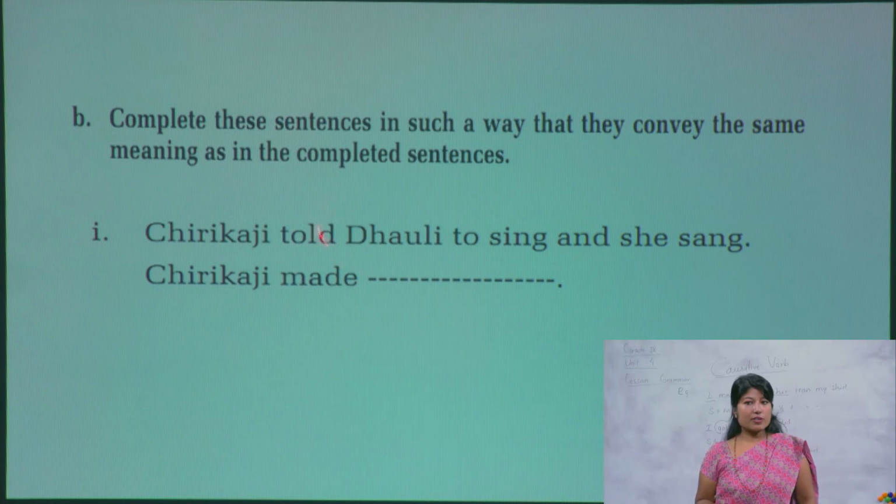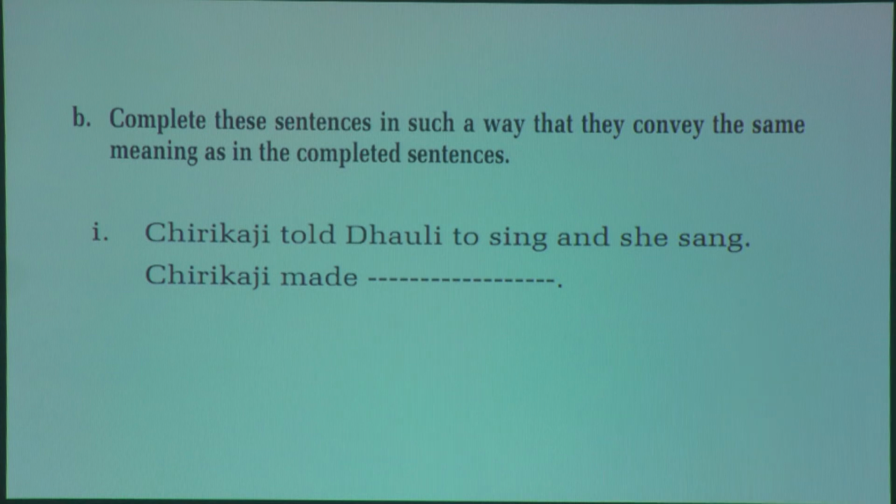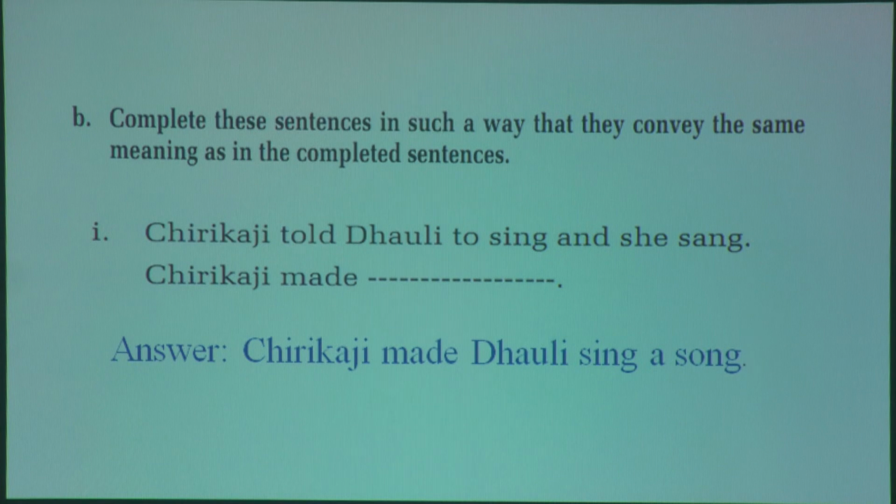Chirikaji made. So the causative verb made is there. What should be the remaining portion then? Chirikaji made Dhauli sing a song. Right? This made is there, that's why sing only. Okay, remember this.